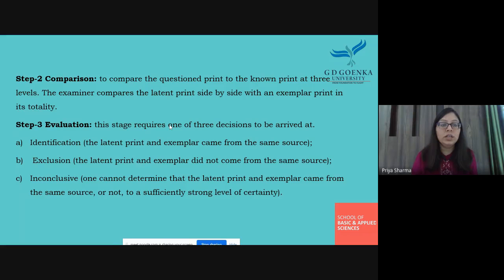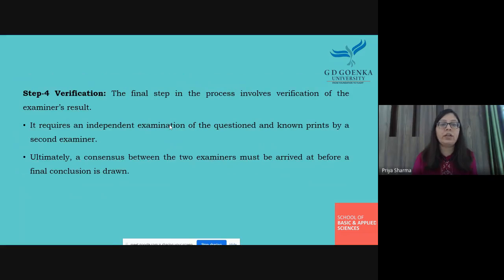At last, after completing the evaluation, they move to the verification step, in which the examination is done again by another expert. If they reach a consensus that their examinations are similar, then they arrive at a final conclusion. So the verification step is very important for the 100% identification of that fingerprint.